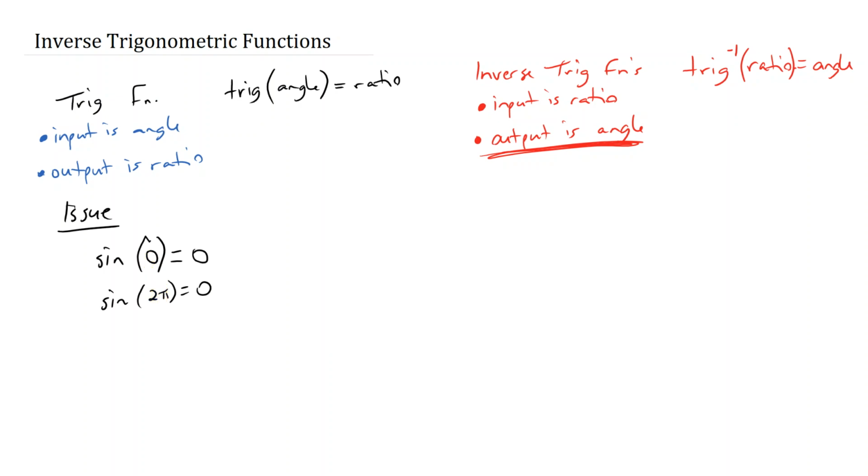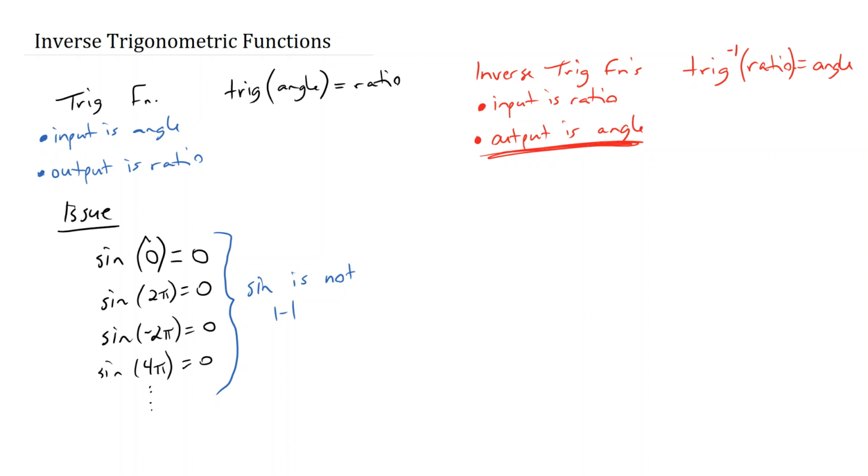You could probably see that the sine of -2 pi, the sine of 4 pi, the sine of any even multiple of pi is 0. This tells us that the sine function is not one-to-one, meaning many different inputs have the same output.